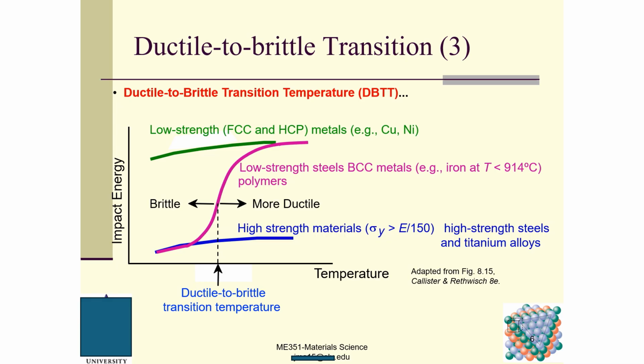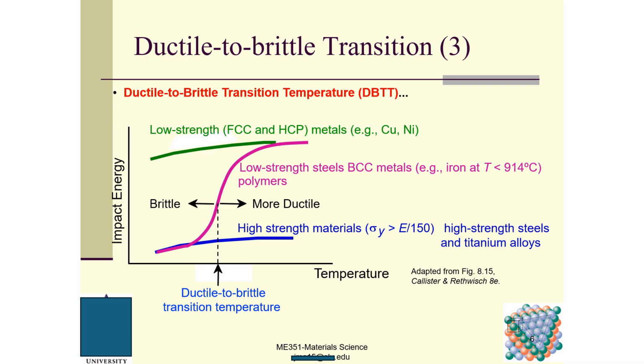This is one scenario. The second scenario is high strength material, for example, if the yield strength is greater than the Young's modulus divided by 150, this is called high strength steel and titanium alloys. For this kind of material, as the temperature increases, impact energy does not change substantially. So this is case one and case two, and they are very similar: the impact energy does not change as the temperature increases.